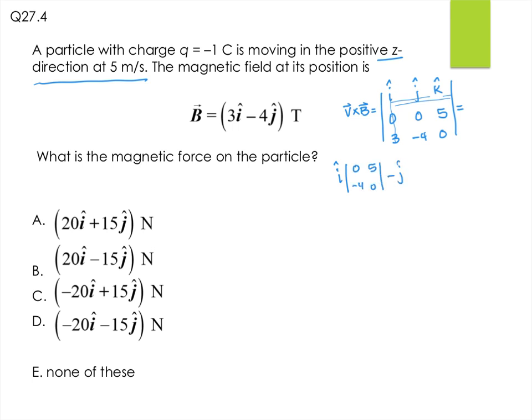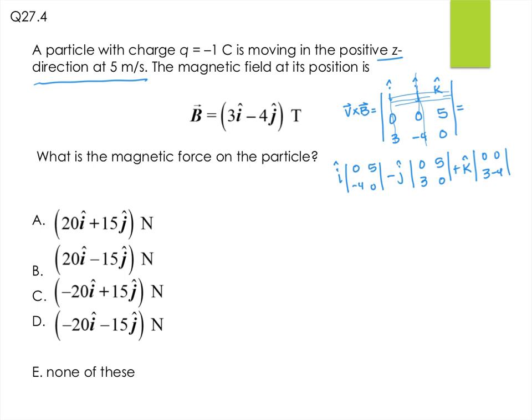Then I have minus j hat. We eliminate the column and row that j is in, and I get 0, 5, 3, and 0. And then finally k, we eliminate its row and column. We get 0, 0, 3, minus 4.